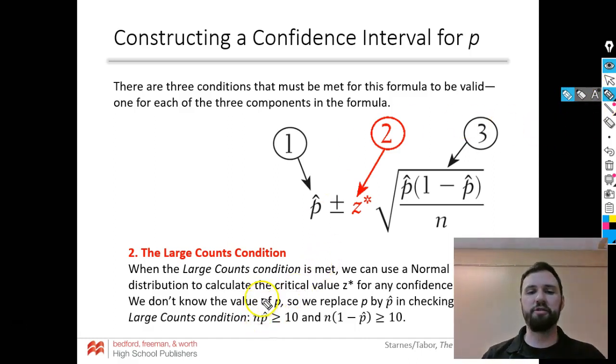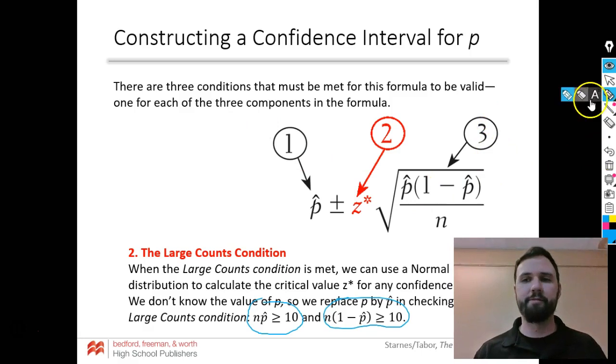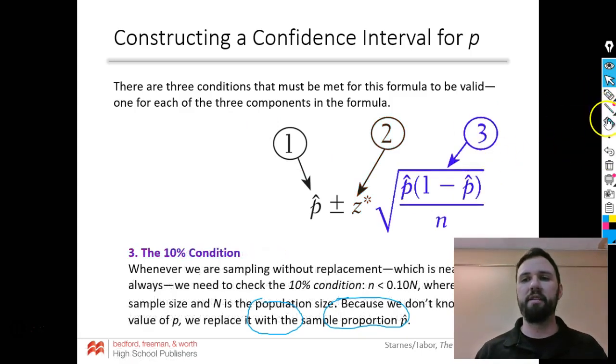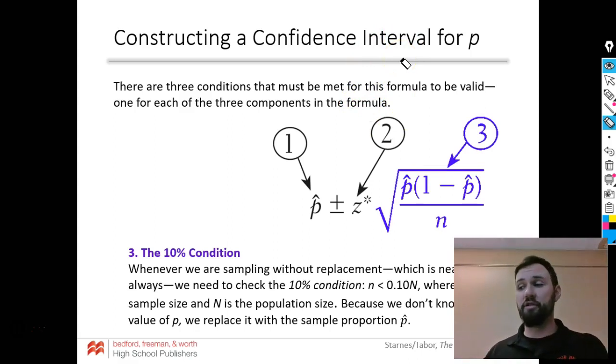If large counts is true, n times p is greater than or equal to 10, and n times 1 minus p is greater than or equal to 10, then we can use a z-score because it's probably normal. And the 10% condition, that's independence, right? If the sample is less than 10% of our population, then the standard deviation holds true. So we need to check those 3 conditions to make sure that we can find a confidence interval. We've done this before and we'll do it again.